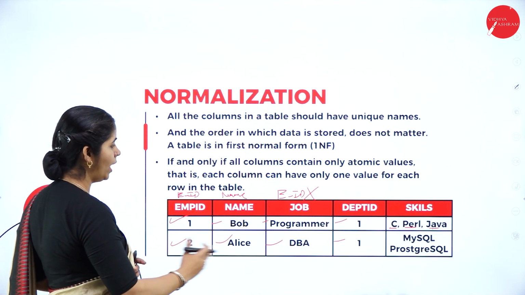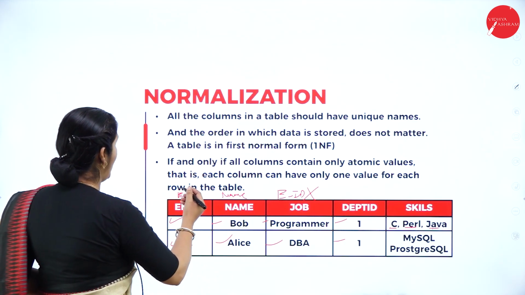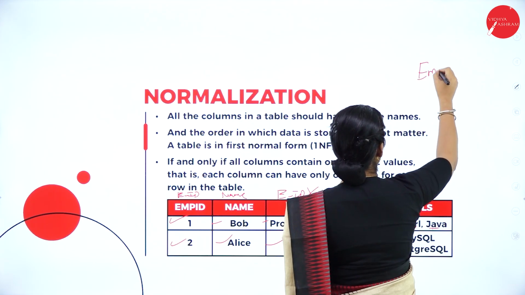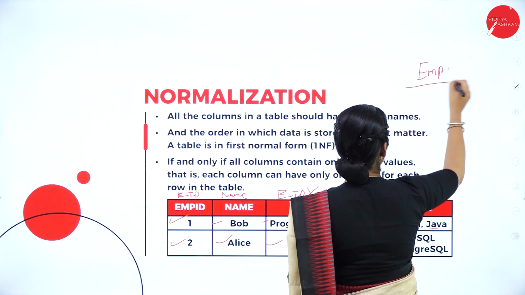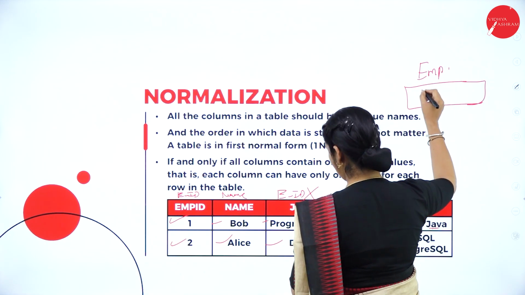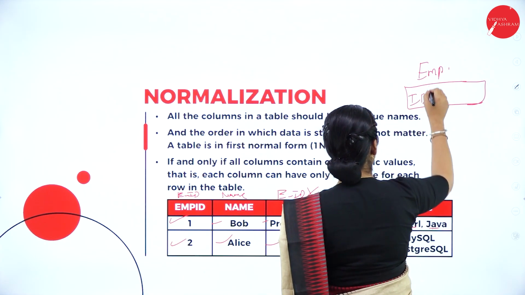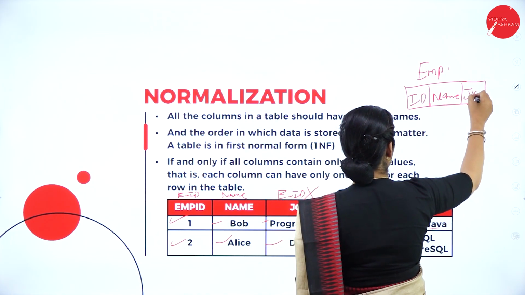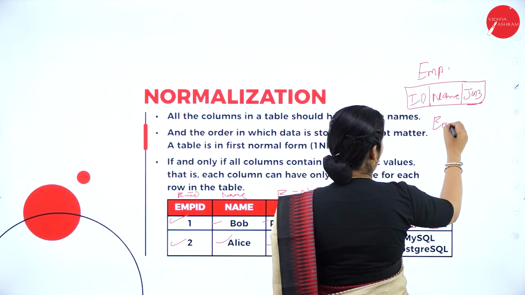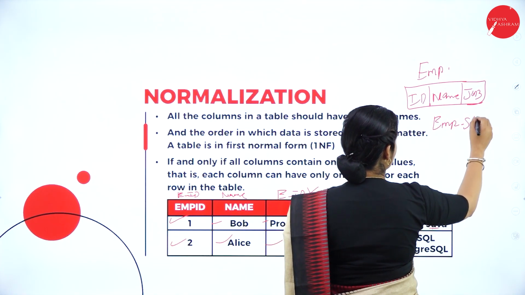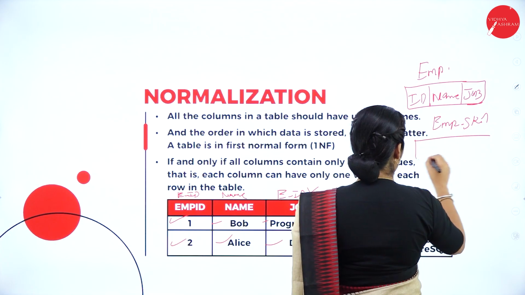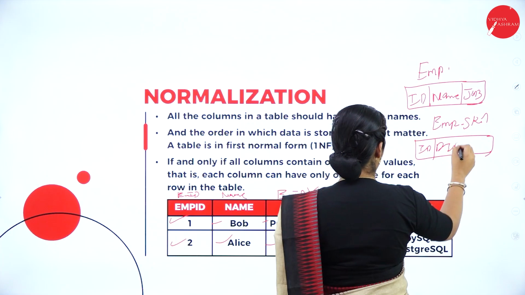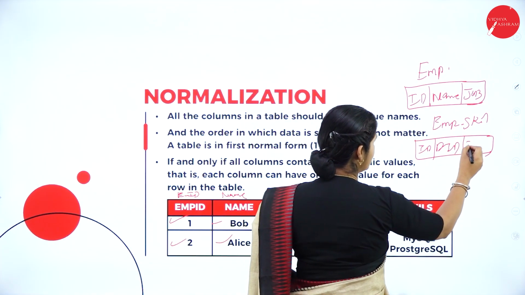We can decompose the table into two tables. One is the employee table with attributes EID, name and job, and one more, the employee skill table, where we have EID, DID, that is department ID, and then skill.